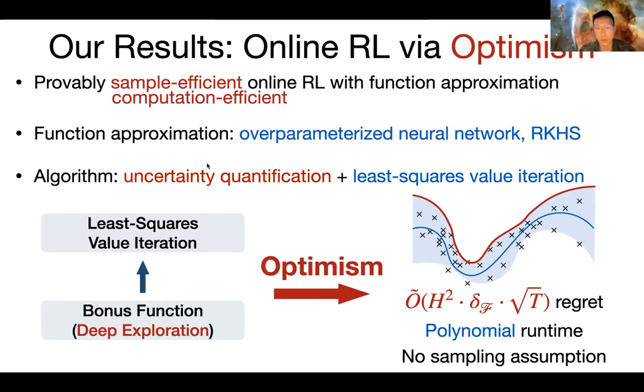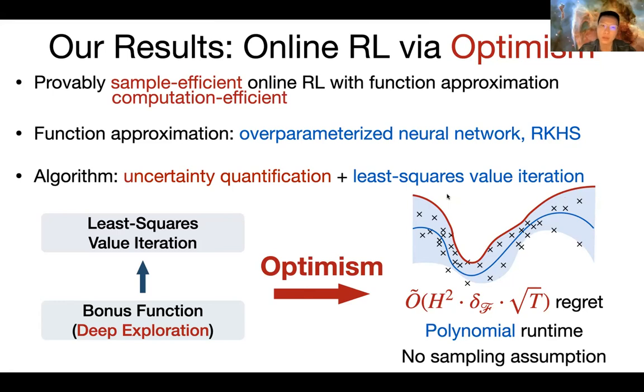So with that in mind, we propose to add the uncertainty to the least square point estimator and obtain an upper confidence bound. And then we update our algorithm using this upper confidence bound function. And by doing this, we directly make a trade-off between exploration and exploitation.